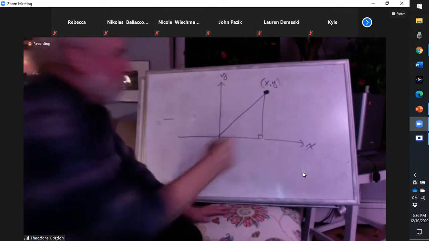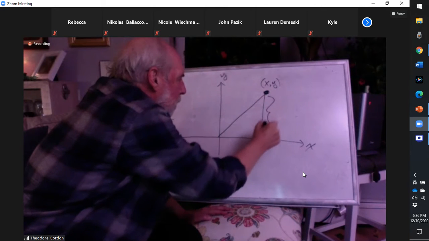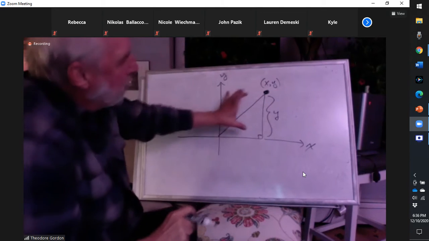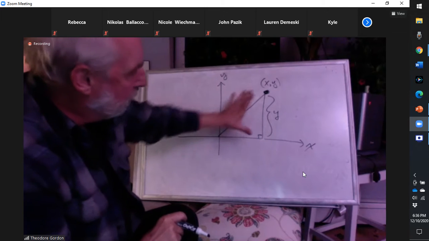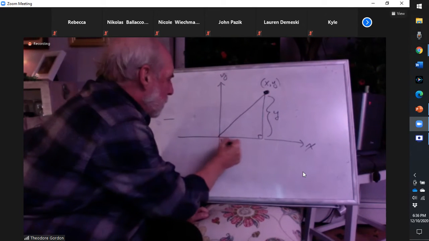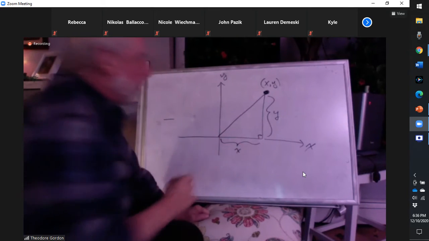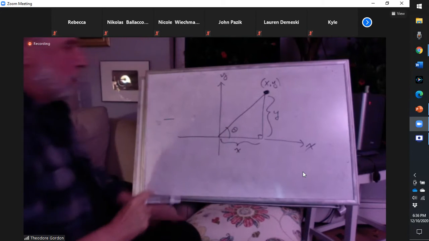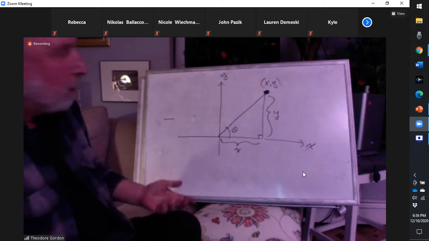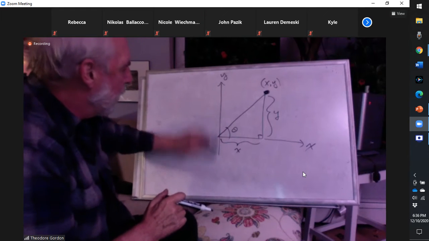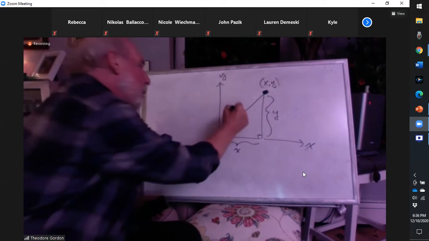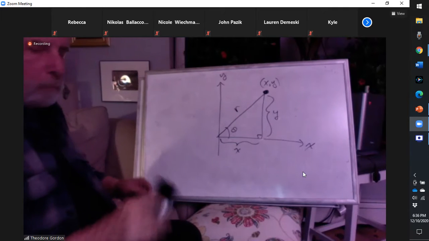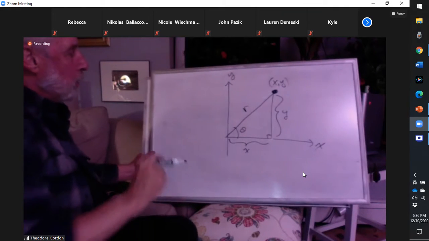That means the height of this side of this right triangle is Y. And the length here would be whatever that X value is. And here we have beta. Now, pulling off what we know from trigonometry here. Oh, and this would be R.